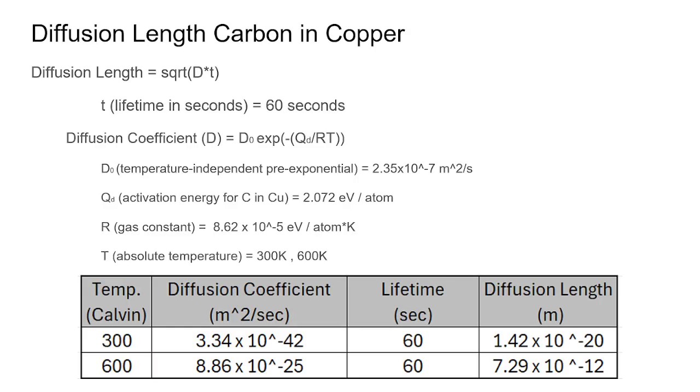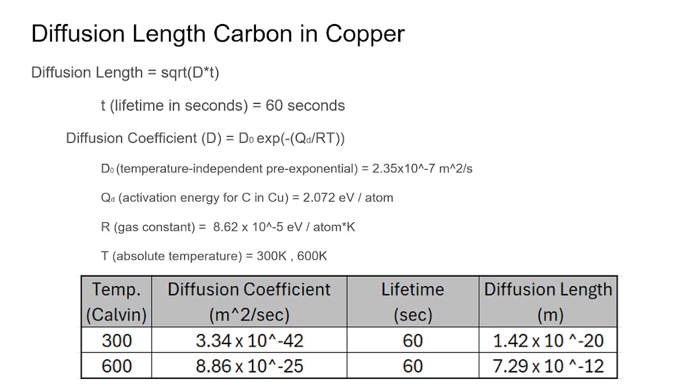Next we'll be looking at question 3 of assignment 3, where we were asked to find the diffusion length of carbon in copper for 1 minute at 300 Kelvin and at 600 Kelvin. From the article that the professor sent us, diffusion length is the average length a carrier moves between generation and recombination, and this is calculated by taking the square root of the diffusivity times the lifetime in seconds.